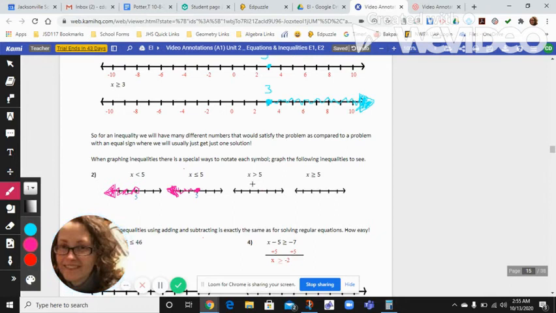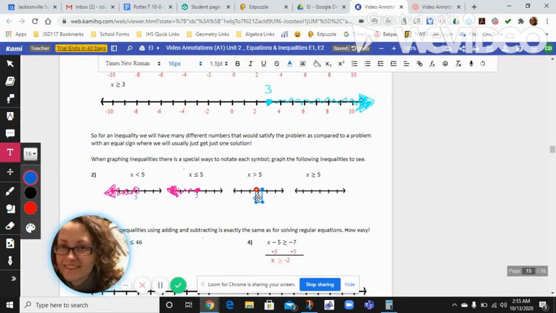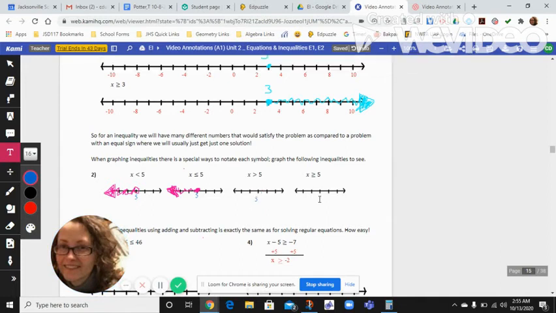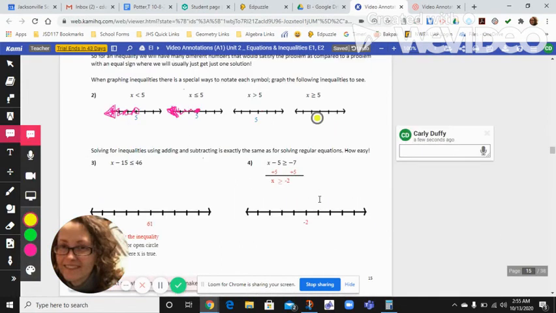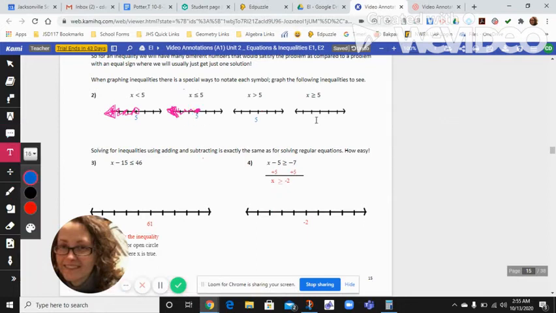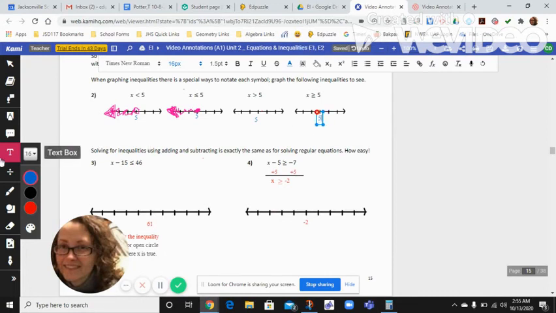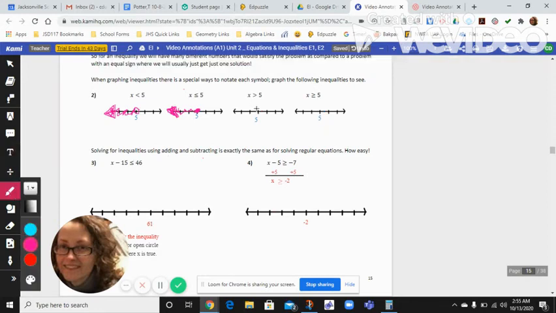Now looking at my greater thans again, I want to graph my critical point, which is again 5. I want to have an open circle for this one because I do not have an equal sign, just greater than 5, so it's going to be an open circle.